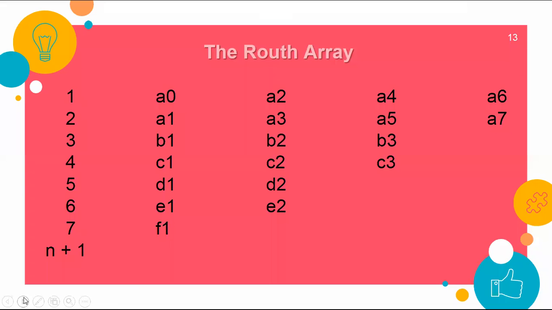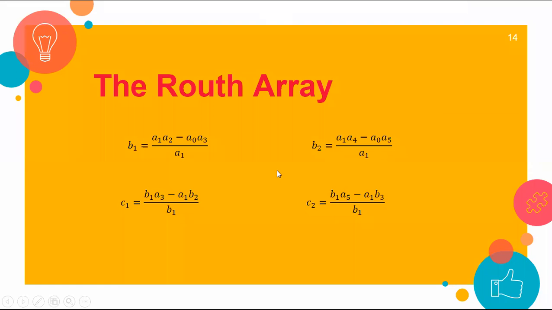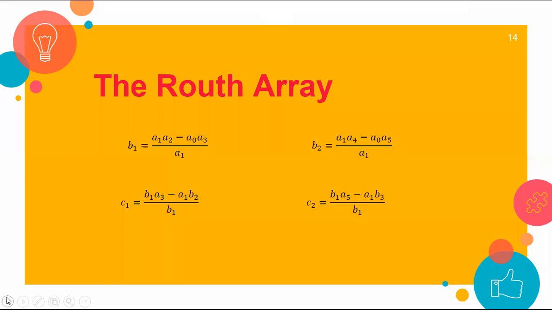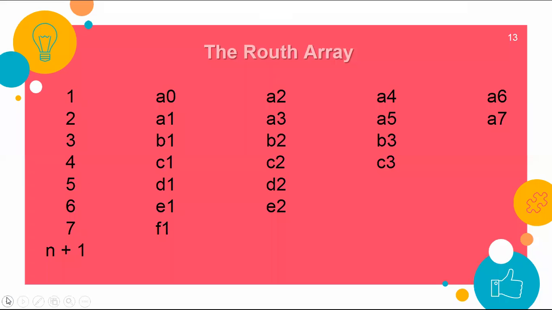Now, the other formulas in determining, let's say, B2, C1, and C2 for longer polynomials for your characteristic equation are written in here. So it's still using the same pattern. B1A3 minus A1B2 divided by B1 is C1. So always you start with the element on top to get the element below.